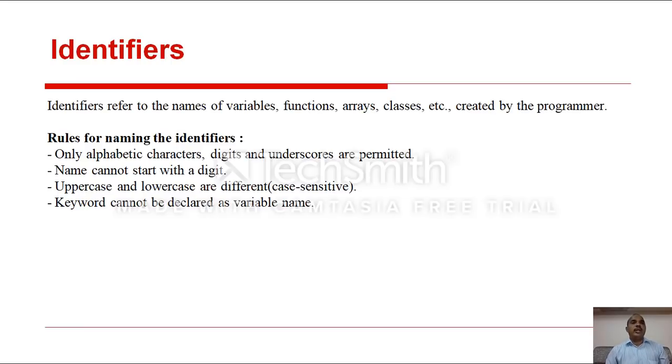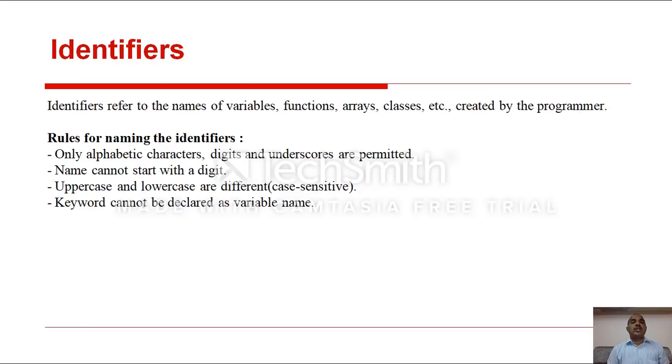So what are the variable naming rules? Before writing a variable, we should follow some rules. The first letter must be an alphabet or an underscore. Second rule, the remaining letters can be alphabets, or digits, or both. So names cannot start with a digit. Clear. Uppercase and lowercase letters are significant, different.